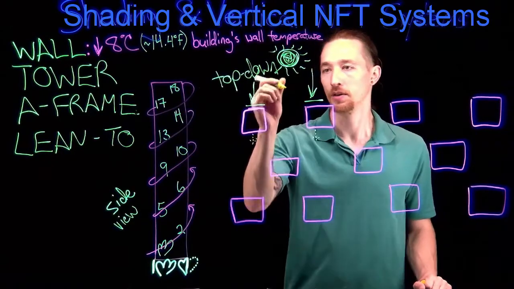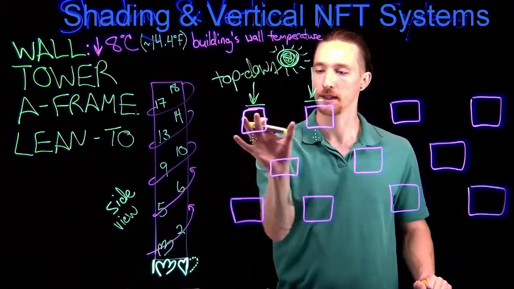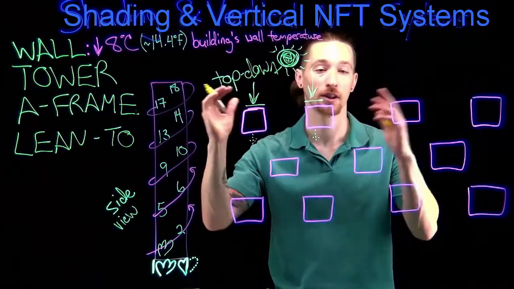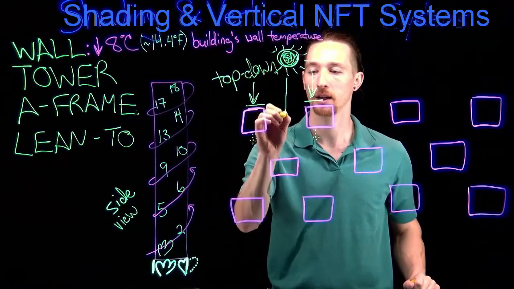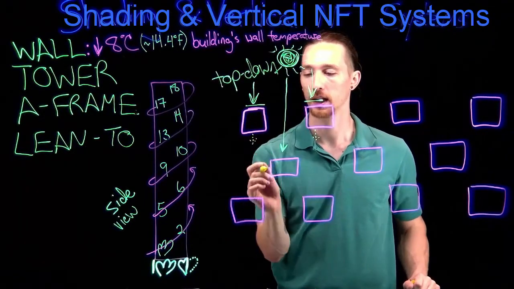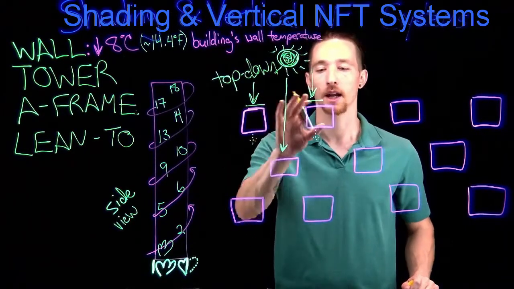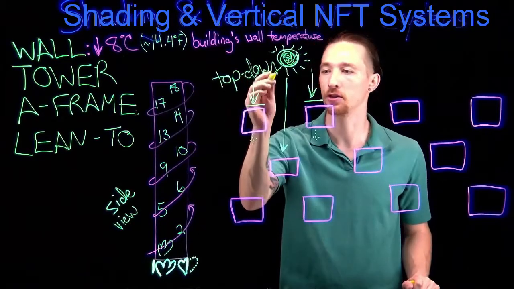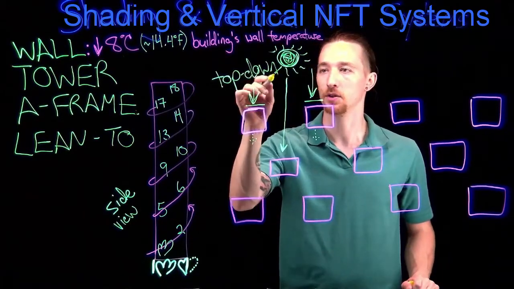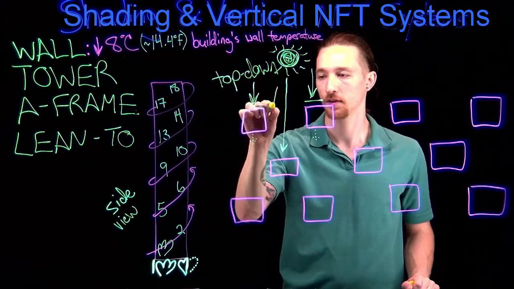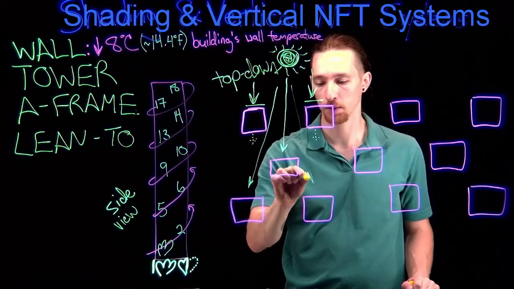But then we've got light coming through this gap in the towers, where a wall, of course, is a wall. Now we have light coming through and lighting this tower. And just the nature of light, diffuse and all that, it can kind of come through and be hitting multiple towers.